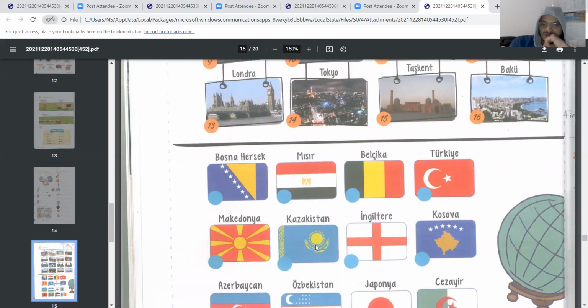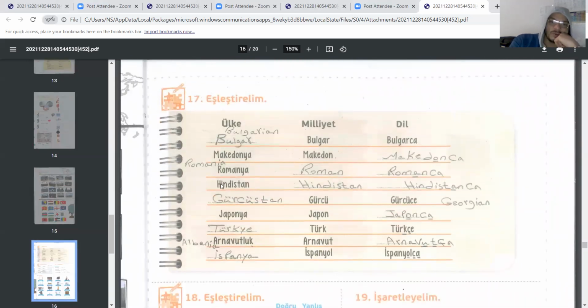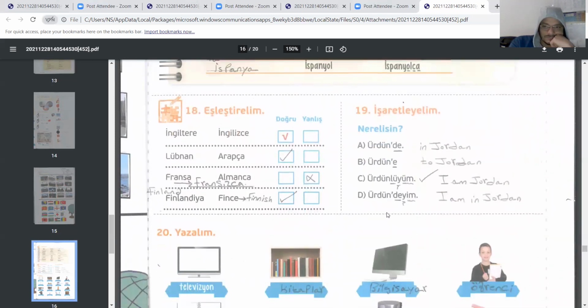Mısır, Belçika, Türkiye, İngiltere, Kosova, Ürdün, Romanya. How can we say Bulgarca, Makedonca, by using the fıstıkçı rule and the base form about C or Ç and the appropriate vowel A or E to be Makedonca, Romence, Japonca, Türkçe, Arnavutça, İspanyolca, İngiltere, İngilizce, Lübnan, Arapça, Fransa, Fransızca, no that's not right, Fransızca, Finlandiya, Finnish.